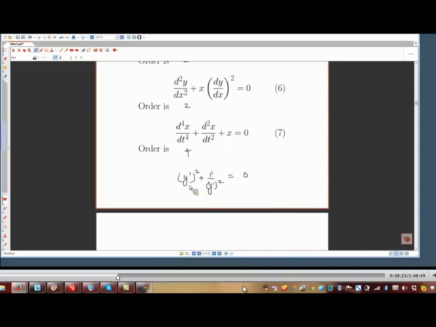What is the highest order derivative in this problem? This is 1, right here is 1. So you think the order is 4? I would say the order of this differential equation is 1, because we only have a first order derivative of the unknown function involved. So the order of this differential equation is 1.